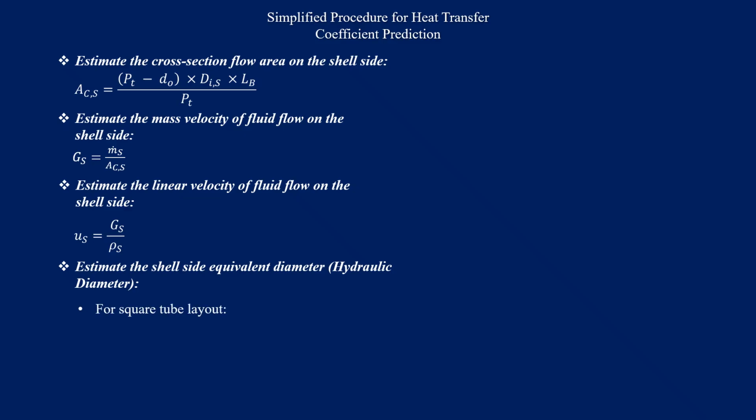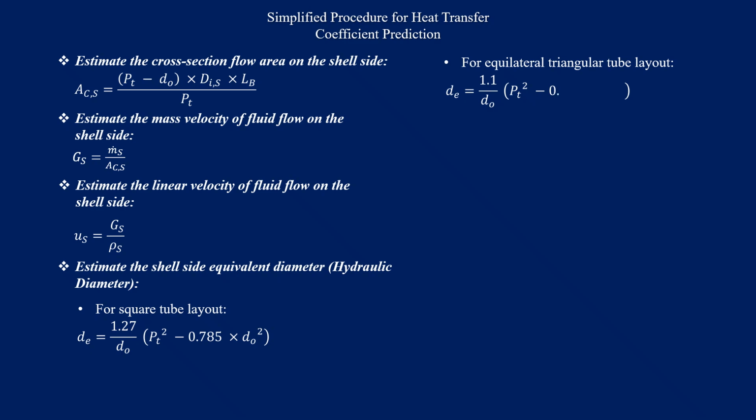We have two cases. For square tube layout, it is represented by this equation. And for equilateral triangular tube layout, that is 60 degrees for the angles between these tubes, it is estimated by this equation.